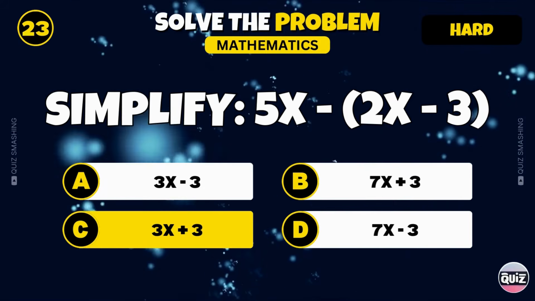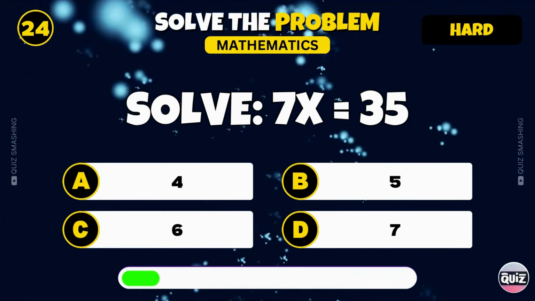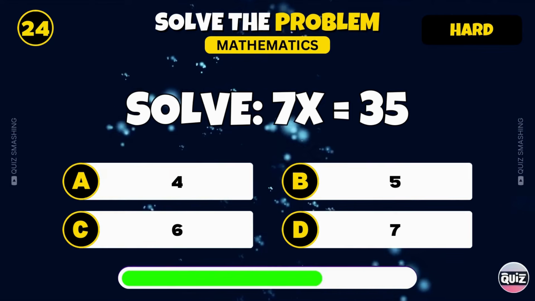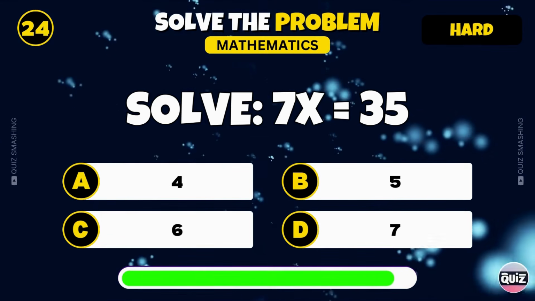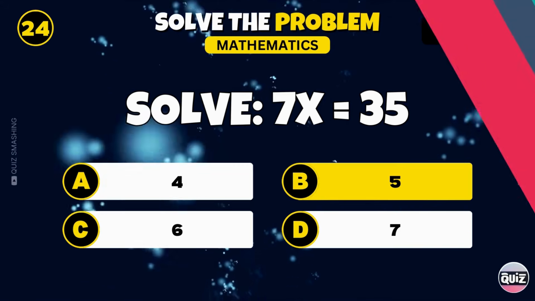Exactly, it becomes 3x plus 3. Solve 7x equals 35. You got it! x equals 5.